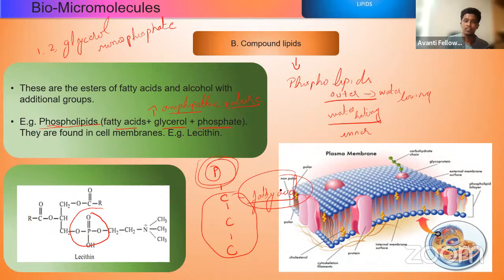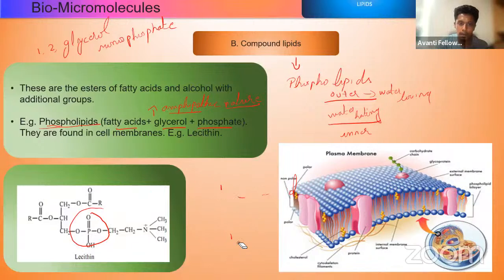So phospholipids are amphipathic, as I said. A part of your phospholipids interacts with water very well, and a part of your phospholipids does not interact with your water molecules very well. So let us see how it works here.